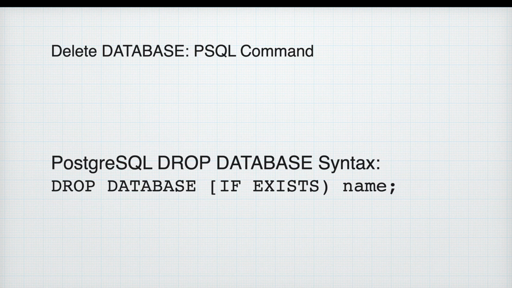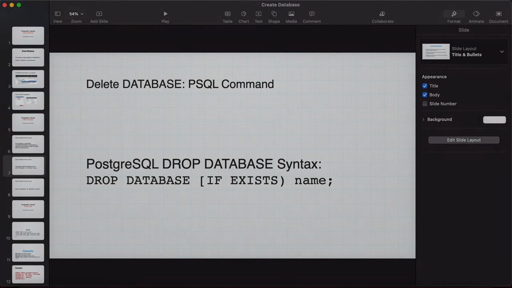So if we say drop database if exists, it means that with older versions of pgAdmin you might not need this, but in the newer version you must ensure that this statement is in there so that if the database does not exist, it will throw an error. So drop database, then if exists, then you put it there. So we're going to create that command and delete one of the databases we just created.